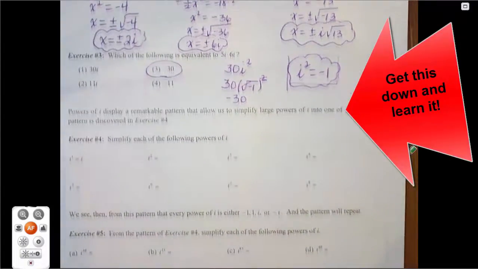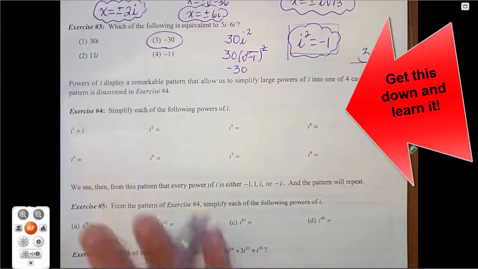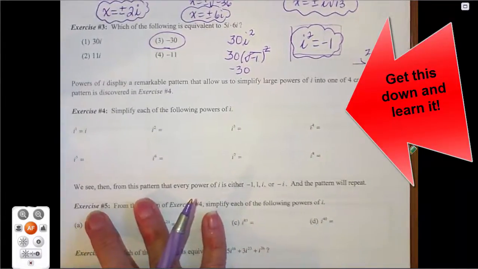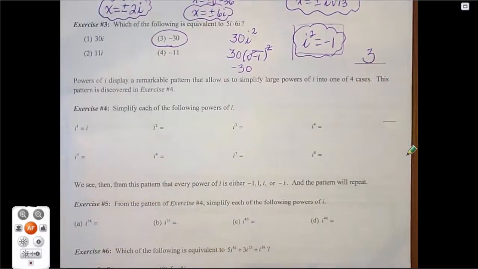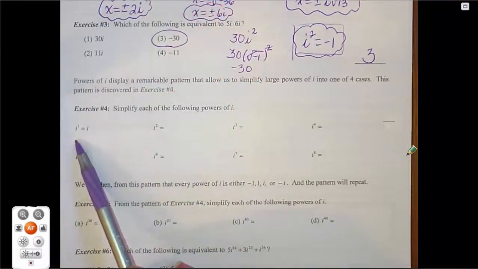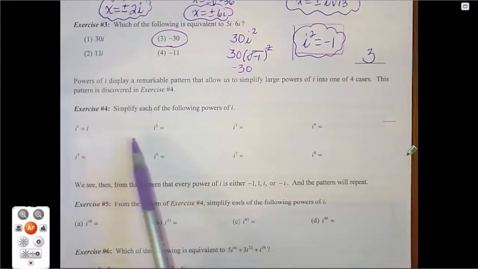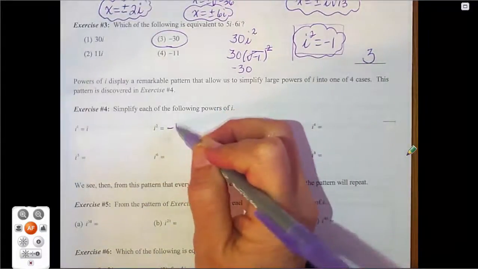And in fact, the powers of i display a really cool pattern that allows us to simplify very large powers. So we're going to discover that pattern in exercise 4, and then I'll show you a way of remembering it, and we'll continue. So here we're going to simplify each of the following powers of i. Well, i to the first, anything to the first stays the same. That is i. That's given to us. i squared, we just discovered, is negative 1.